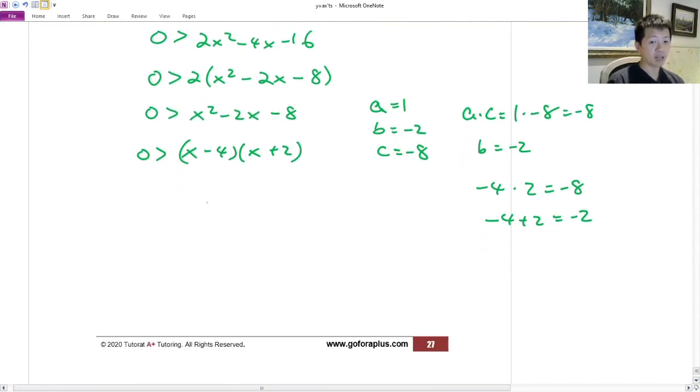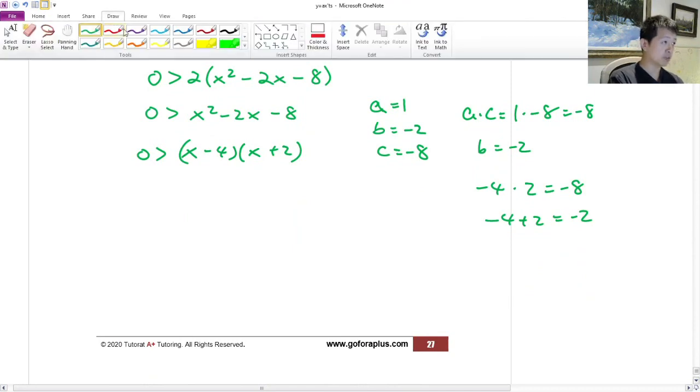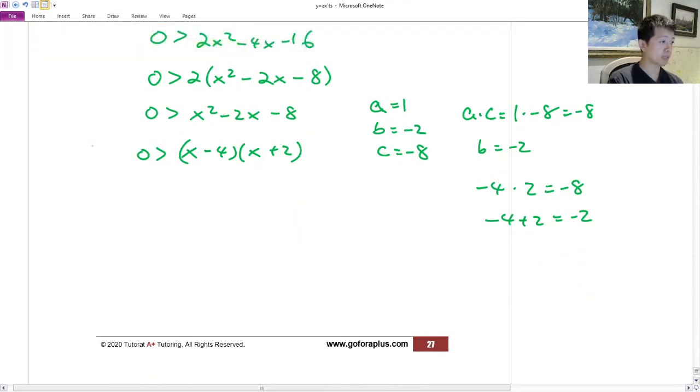With that, I'll have to use each factor and make it equal to 0 to solve for the value of x. x minus 4 equals 0, x equals 4. x plus 2 equals 0, x equals minus 2. So these are my two zeros. And on a graph, I'll just need to draw the little graph.